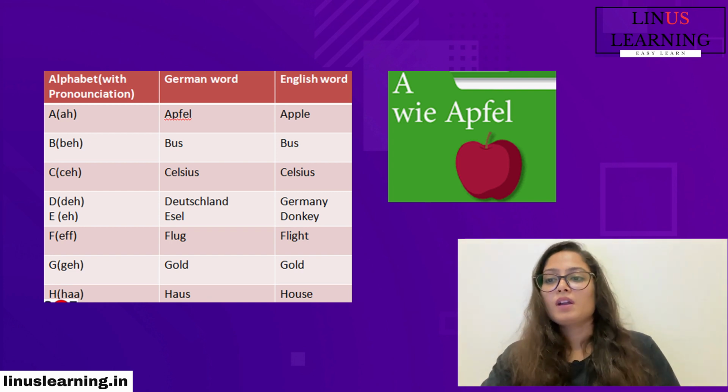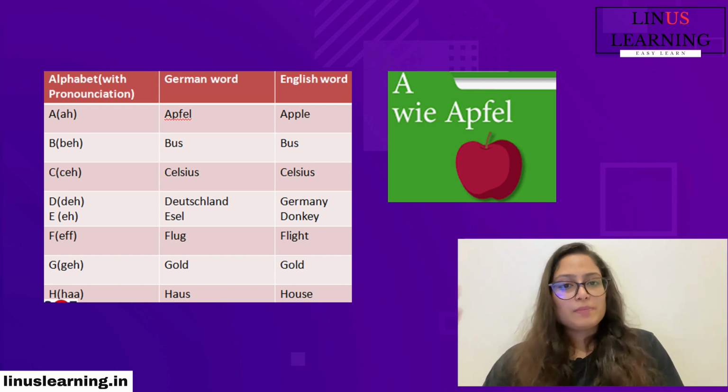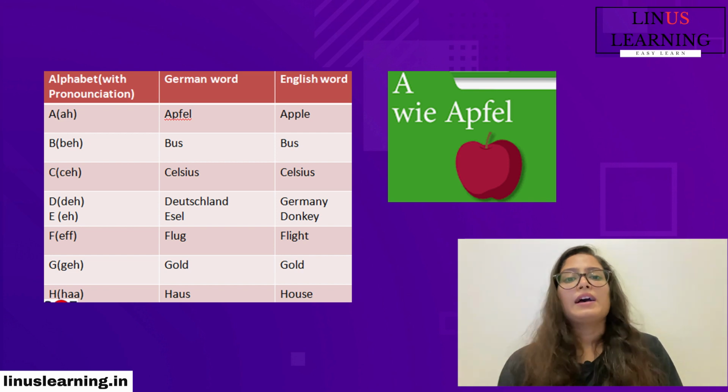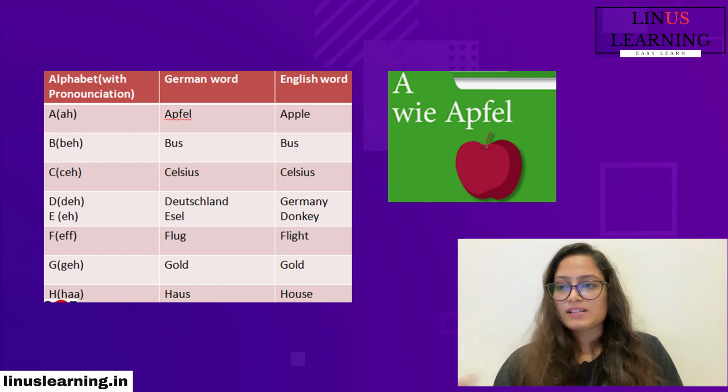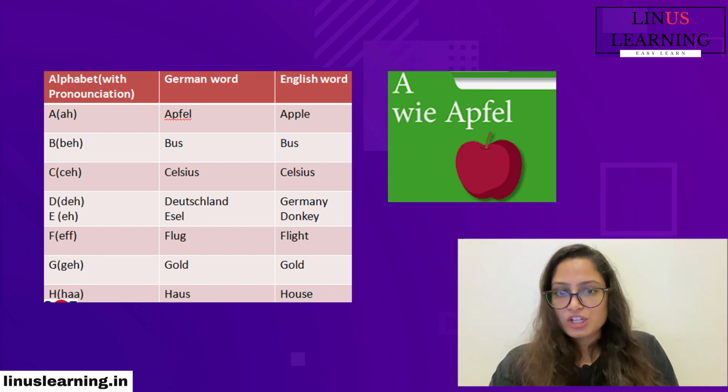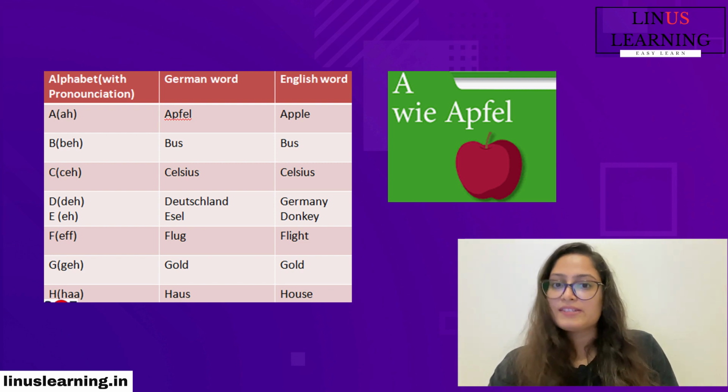So similarly for all the letters, we say A wie and the word, B wie and the word, and so on. Let's see all these examples. A wie Apfel, B wie Bus. Bus means a bus. C wie Celsius, Celsius means Celsius. D wie Deutschland. Deutschland is Germany.